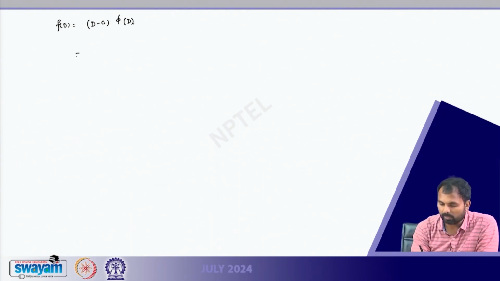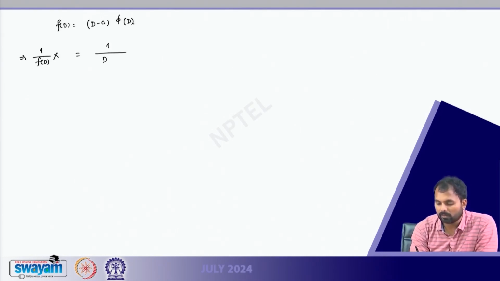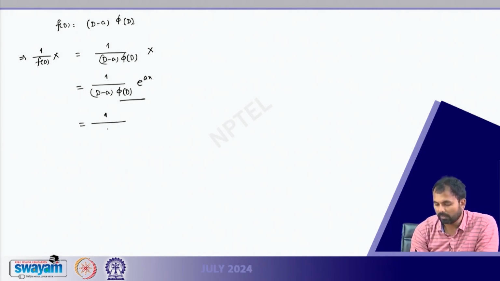Then we have 1 by F(D) of capital X. So, this will become 1 by (D minus a) phi(D) of e to the power a x. Now, for this one we can very easily write 1 by (D minus a) into e to the power a x by phi(a).